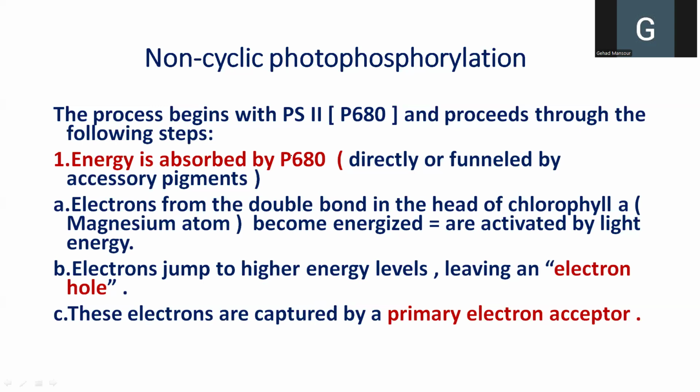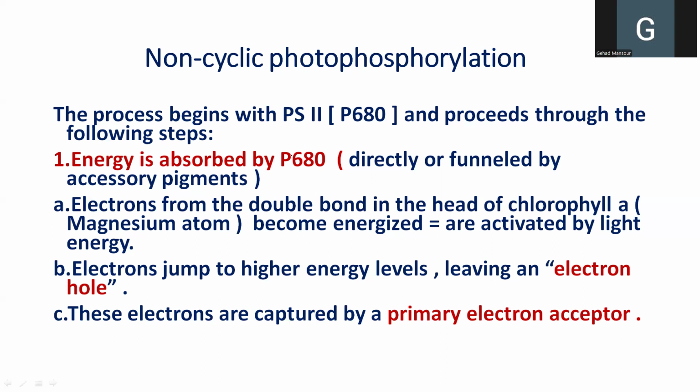So energy is absorbed by photosystem 680, either directly or funneled by accessory pigments, as you know. And the importance of the accessory pigments, as we have repeated several times, is that they are capable of widening or broadening the spectrum of wavelengths that can be absorbed by the action center.